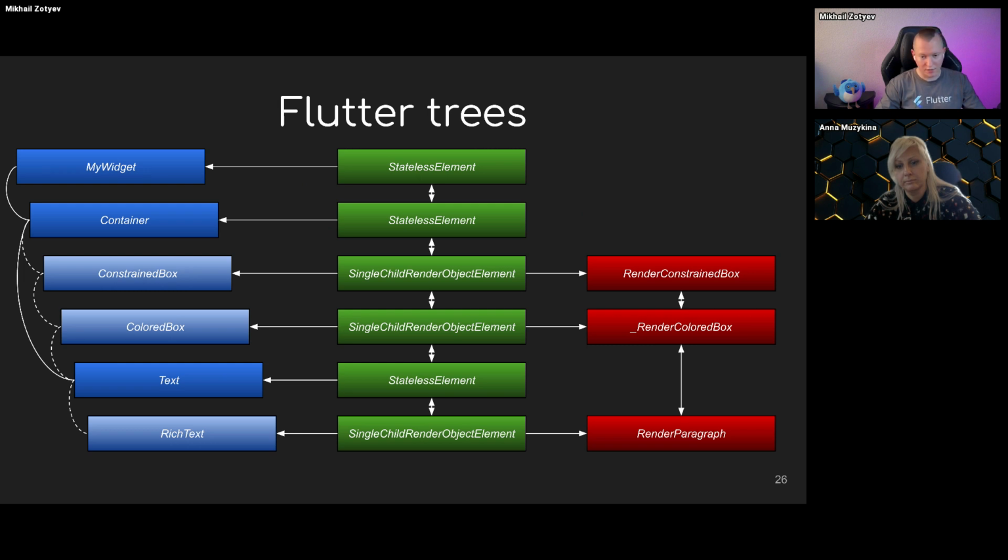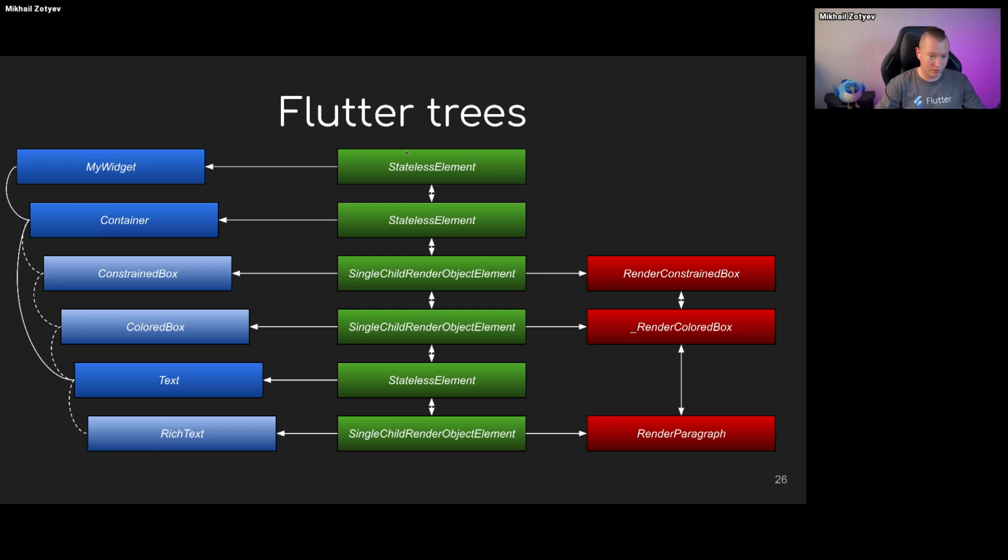So we discussed previously that there is a build context, and build context is the interface for each of the elements. And in the build context, there is a method, a getter to be accurate, which is called renderObject, and it should return the render object associated with the concrete element. But what happens if we ask, for example, the top element which doesn't have any render object to return a render object?